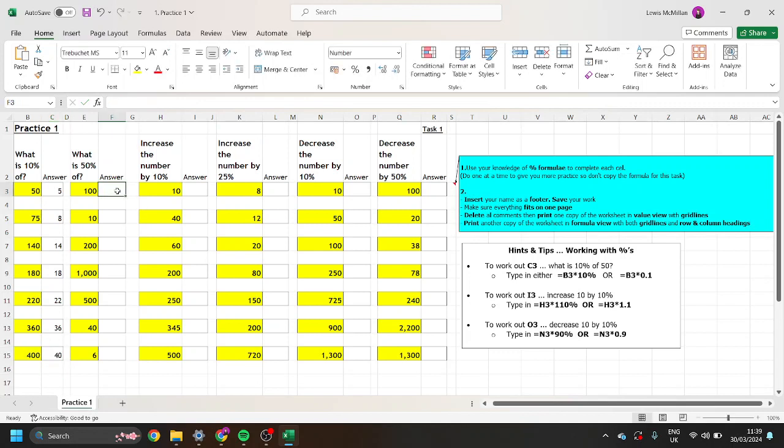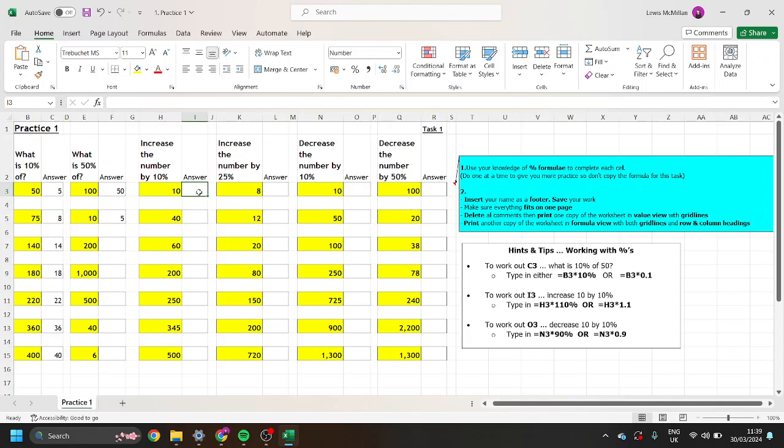When finding out what 50% of something is, we're just going to take the original and times it by 50%. When looking to increase the number by 10%, this is where it's a little bit different.